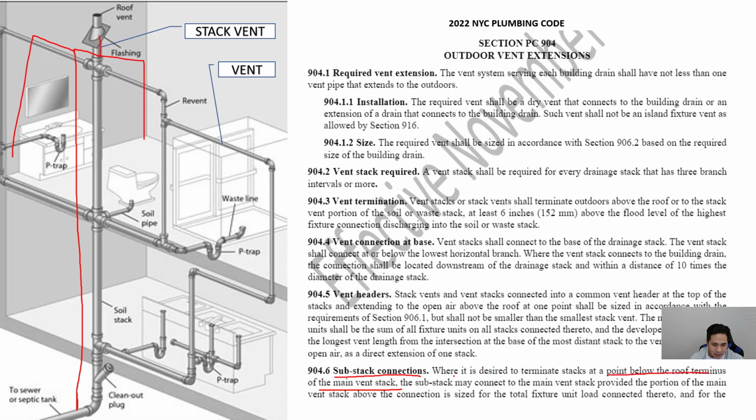So what it says here is where it is desired to terminate the stack at a point below the roof terminus of the main vent stack. The substack, which would be representing these substacks to the main stack. The substack may connect to the main vent stack provided the portion of the main vent stack above the connection, which is above this connection here, right? This is where everything is connecting to.